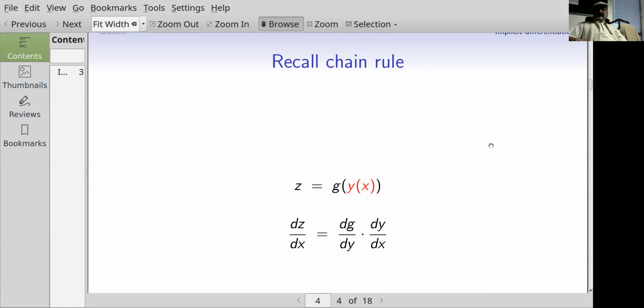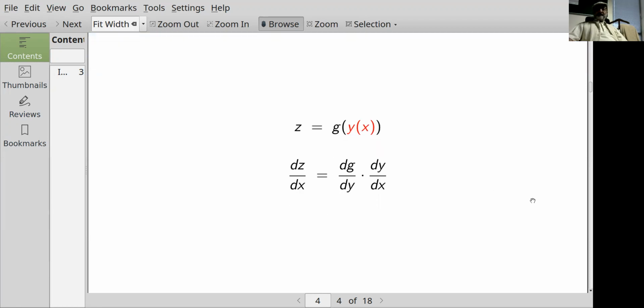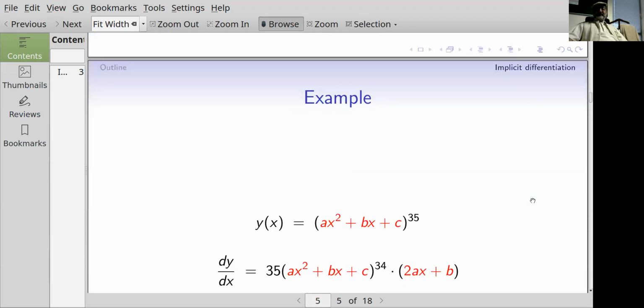So the chain rule says to take the derivative of this expression, you would first take the derivative of g with respect to its argument, which is y, and then multiply by the derivative of y with respect to x. And then in implicit differentiation, what you're going to do is solve for dy by dx.